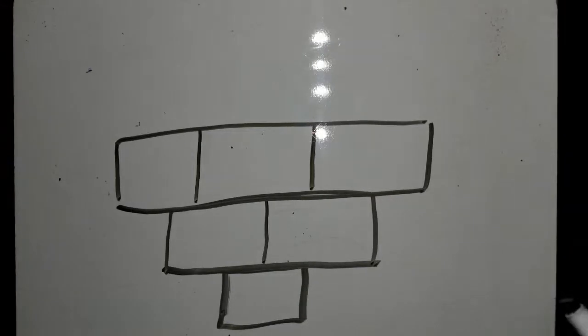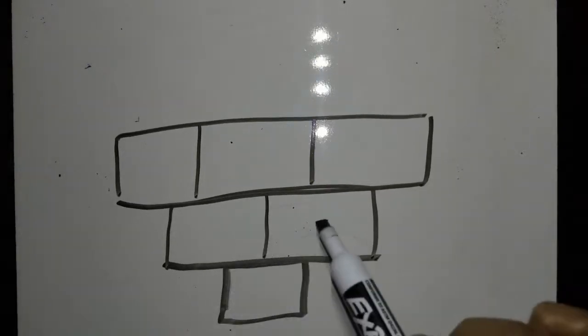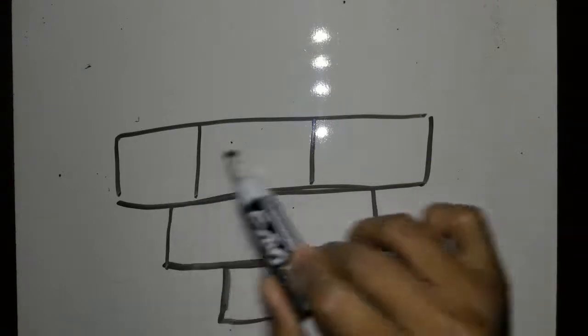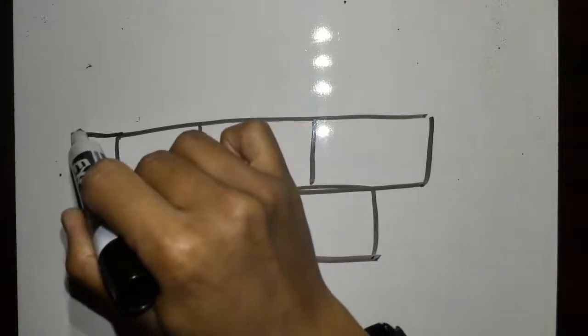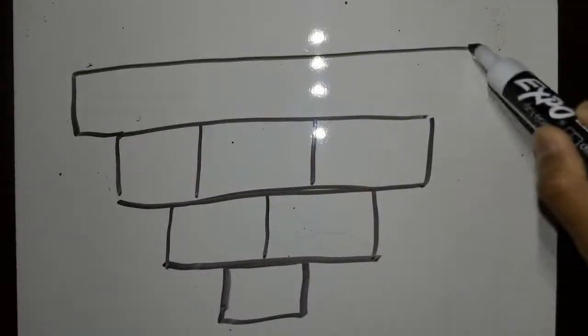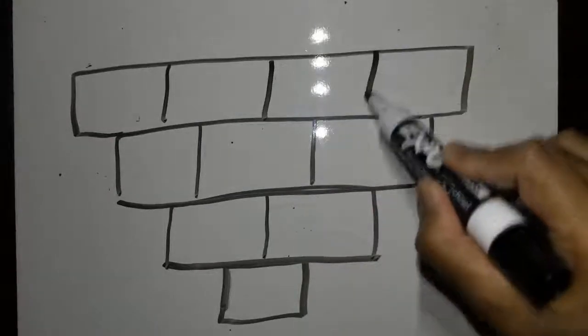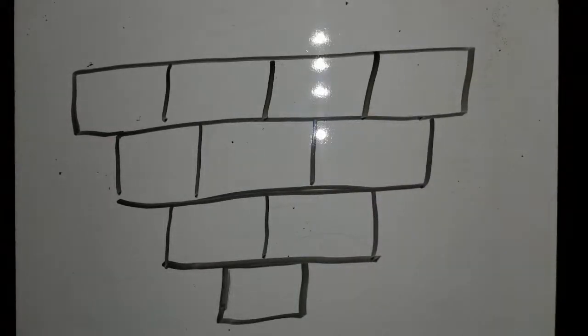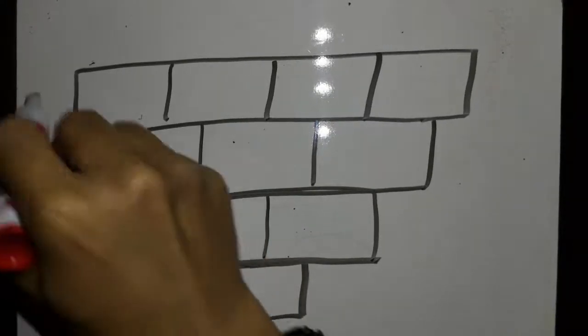So first floor has 1 unit only, second floor has 2 units, third floor has 3 units. Then my fourth floor will have 4 different units.